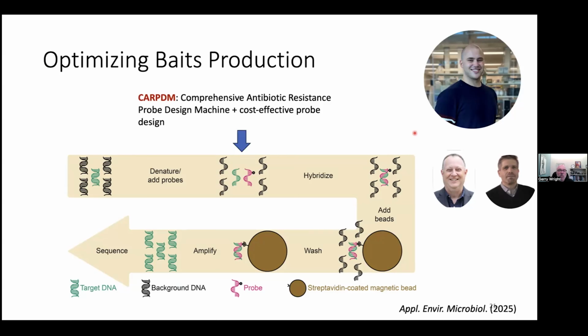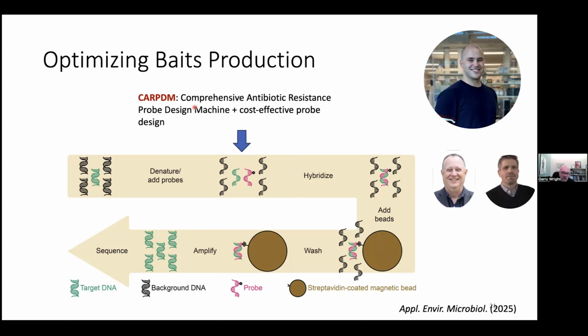Dirk came up with this really interesting tool that he calls CARPDM, the Comprehensive Antibiotic Resistance Probe Design Machine. Basically, this is an informatics tool that is now embedded in CARD and will design probes automatically as CARD expands, so that you're not having to go in as CARD adds more and more genes.